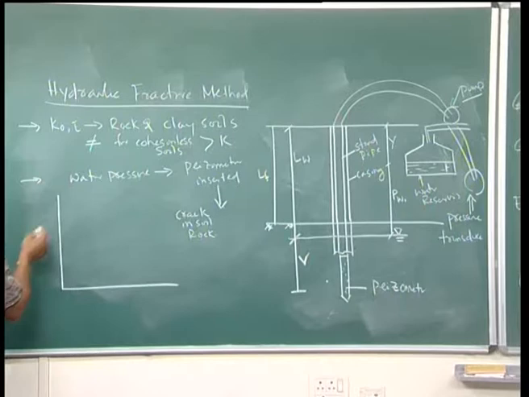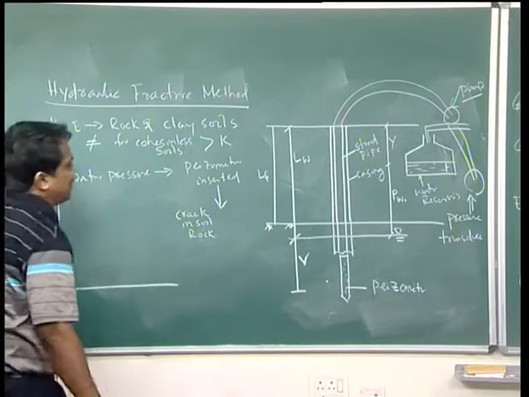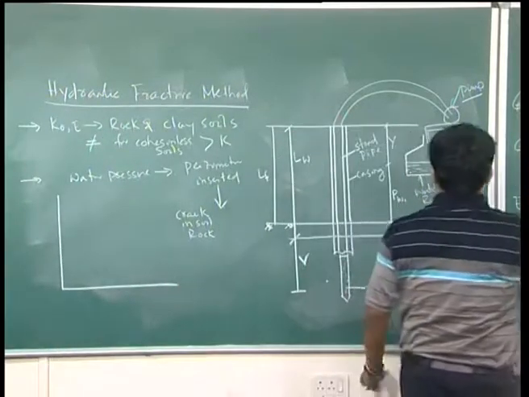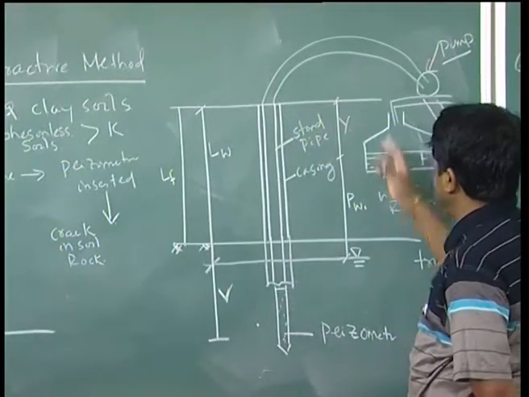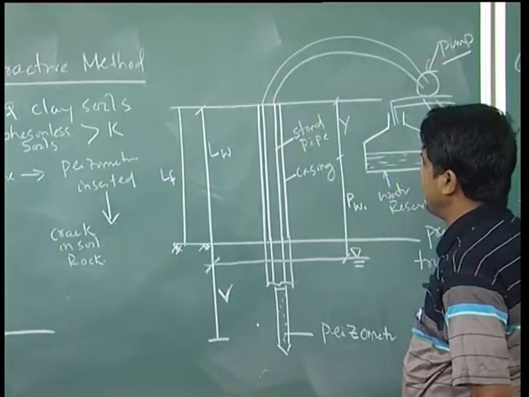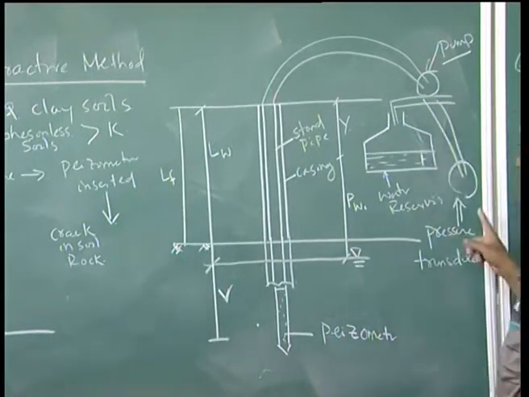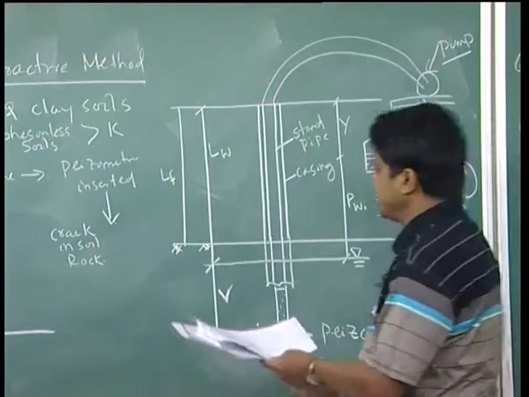You will get the transducer reading because the moment you apply water pressure from the reservoir to the soil through this piezometer, the transducer will give the reading of this pressure. So, the pressure will increase.